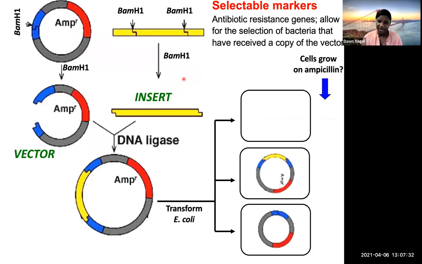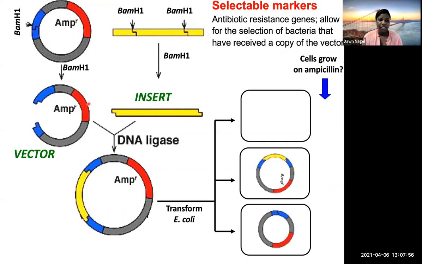So the way the screening marker works is, again, you have your recombinant plasmid. Here's the plasmid, and you digest it with a restriction enzyme, so it's open. It has the ampicillin resistance gene, and, although it doesn't show here, you also have an origin of replication because you have to have it.